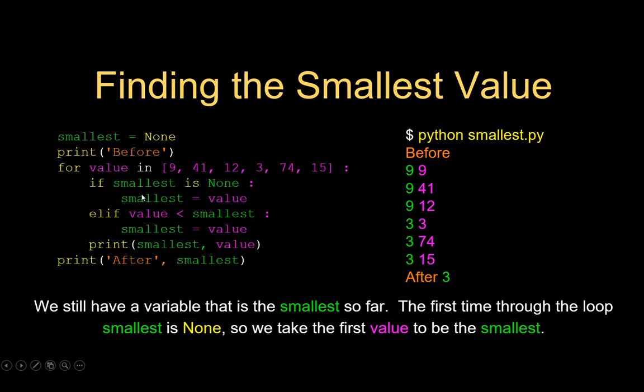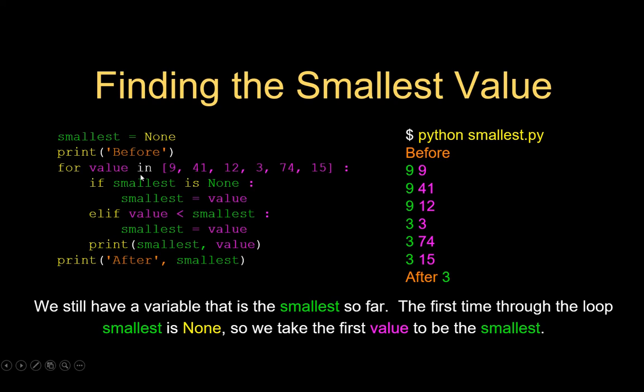That's part of the if statement. Now else if doesn't apply here, of course, and we go to the print statement, which is smallest and value. Smallest is 9 and value is 9, so the output is going to be 9, 9.